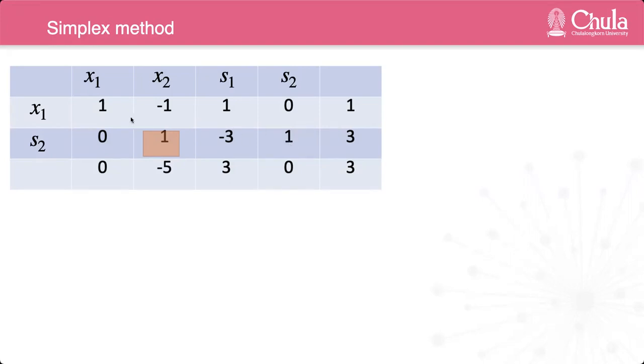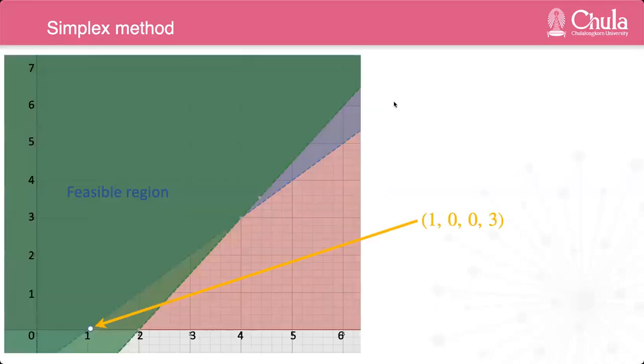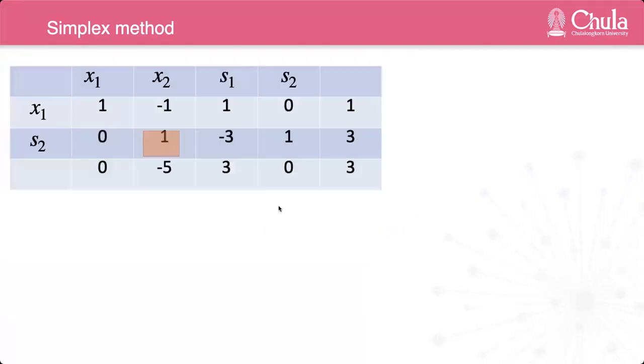So at this point, we have X1 and S2. X1 is 1, right? X2 is 0. Okay, we are at 1, 0. We move from here to here. 1, 0. And 0, 3. Okay, so this point, this column is the most negative coefficient, right?